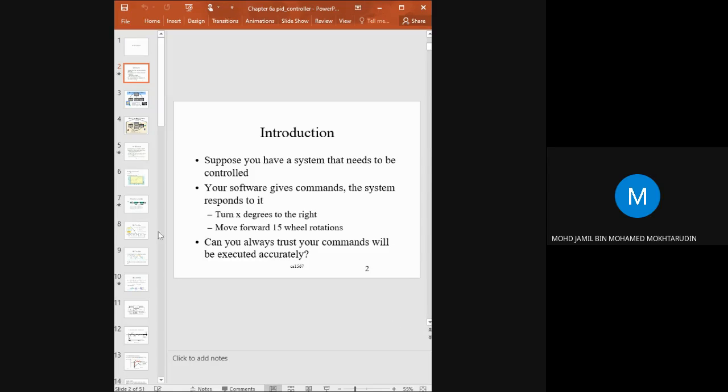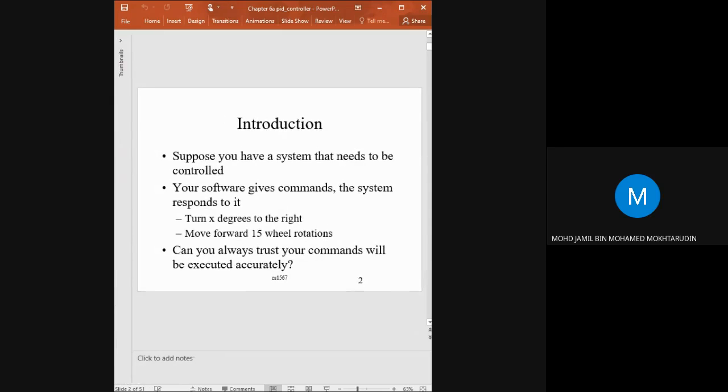Okay, so let's say suppose that you have a system that needs to be controlled. So your software gives a command to the system and the system will respond to your command. For example, you ask an antenna to turn a certain degree, or you ask your car wheels to rotate for a certain number of rotations. But will the system follow exactly what you want?